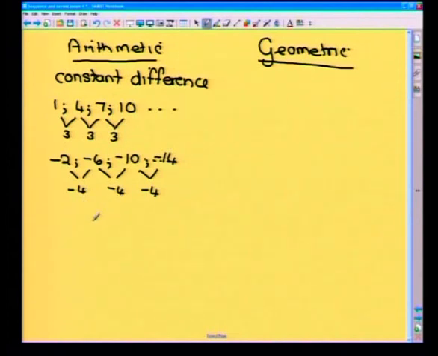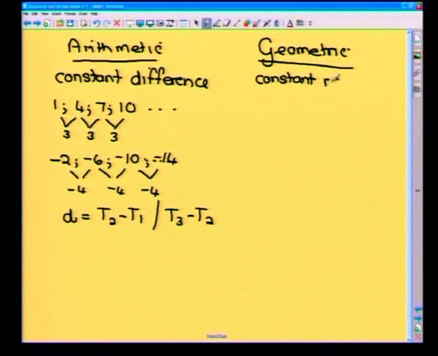Now, how did we find this constant difference? What we did is we said the difference equals term 2 minus term 1, or term 3 minus term 2. And of course, that would have to be the same answer in order for it to be a constant difference. Right, geometric, we have what we call a constant ratio.